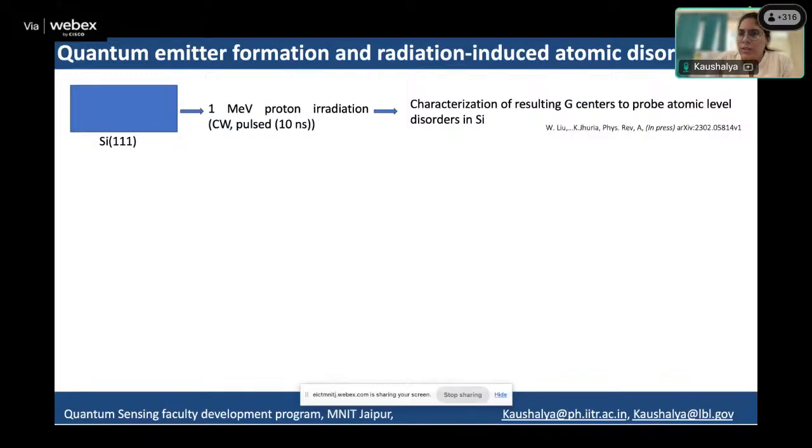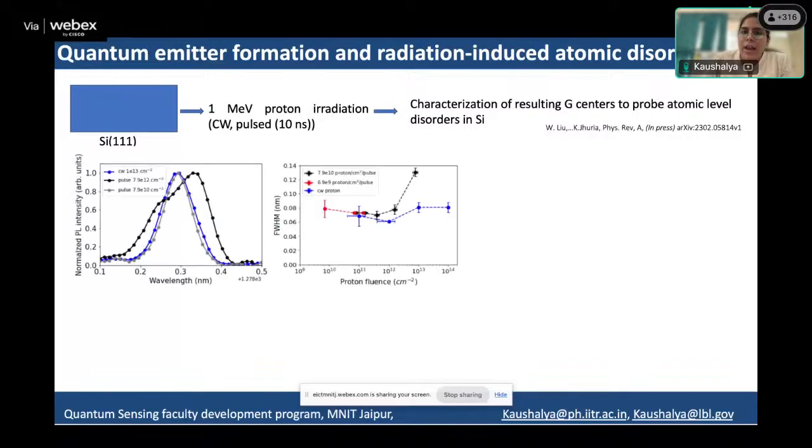Then we also did this other work where we shine directly on our silicon material high energetic proton pulses of about 10 nanoseconds. And then we also looked into the emission spectra, which means the quality of the G center.